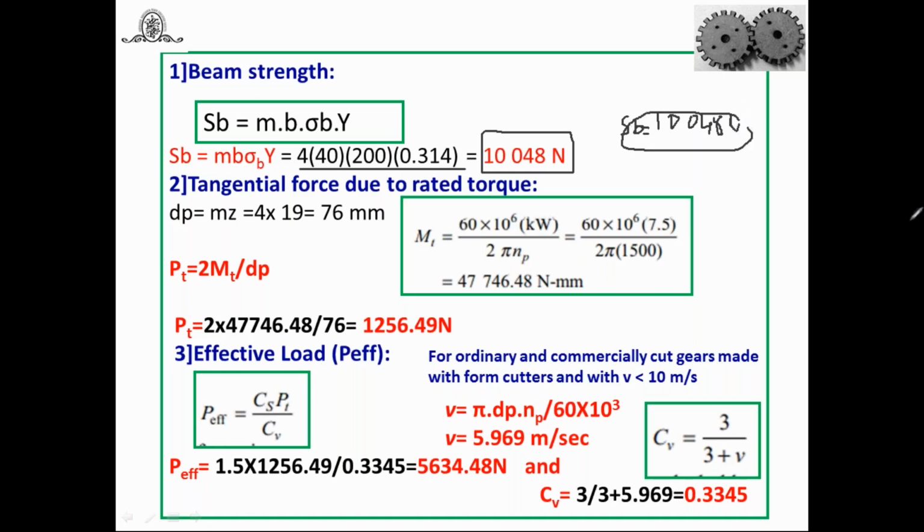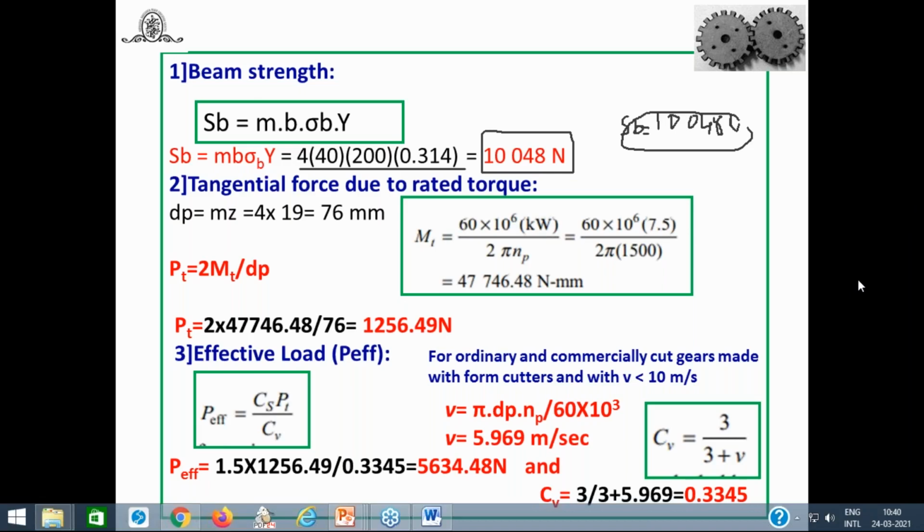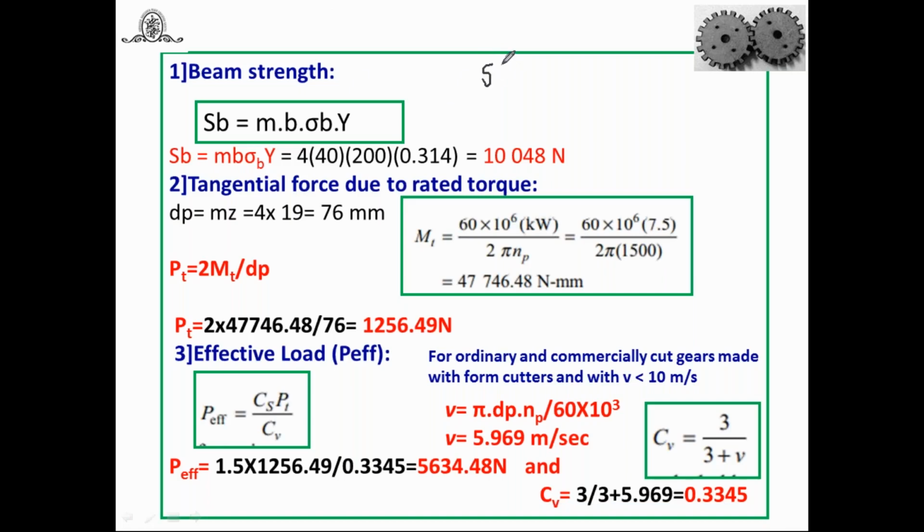Then in the first part, you have to find the FOS. To find the FOS using SB, what is the criteria? SB should be greater than P effective. That means, to avoid failure of the gear against bending, SB should be greater than P effective, and SB should be equal to P effective into FOS.